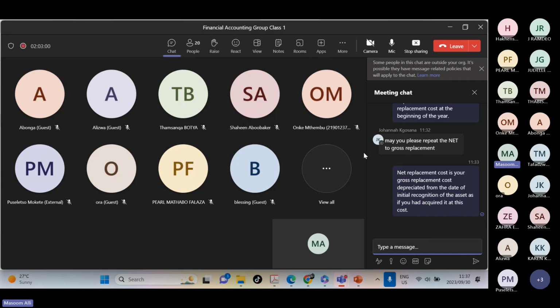It took place at the end of the year, but now they're accounting for it as at the beginning of the year. So you'll take your net replacement cost as at the end of the year, let's say it's 1.5 million, and you divide that by your remaining useful life as at the end of the year.